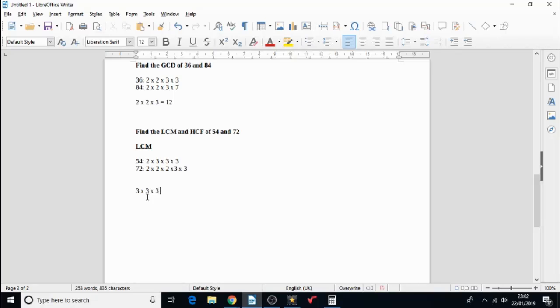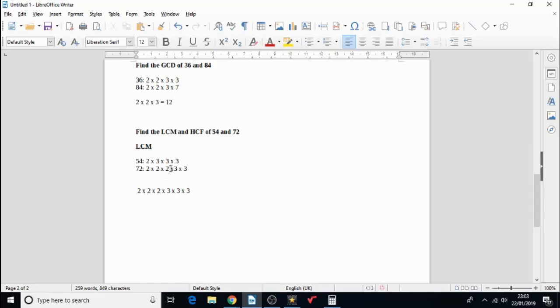So that's why we multiply by 3 times. We're also going to multiply by 2 3 times as well. So actually I should have done the 2 first, because 2 comes before 3. So apologies for that.